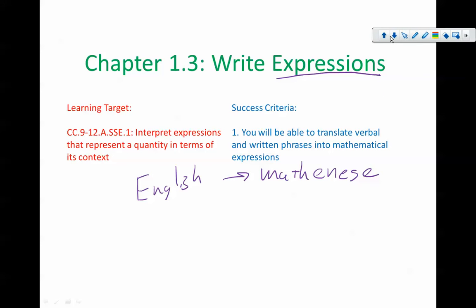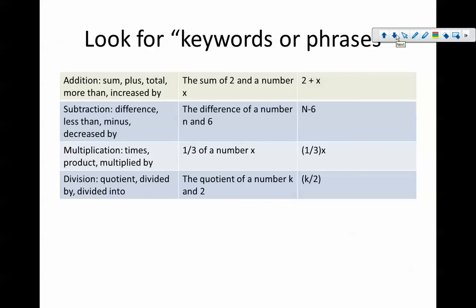Okay, so let's go ahead and look at the table here. The table that we have is some key words and phrases that mean certain mathematical things, right? So, for example, if we're talking about addition, there are some words that clue us in that we're talking about addition. The word sum means addition.